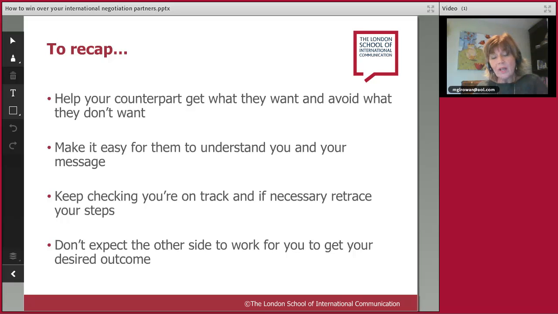Go back, recap, ask questions, and don't expect the other side to work hard for you to get your desired outcome. What's most important here is that you make them feel like they and you are on the same wavelength without them having to make so much effort.